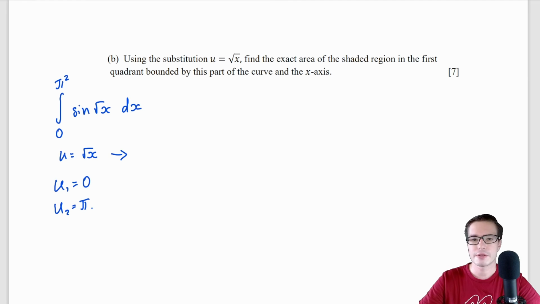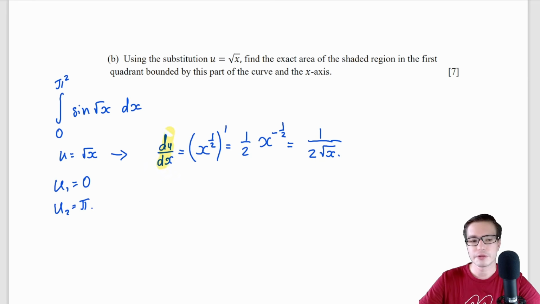For the next step, let's replace dx with du. And for that, we'll have to differentiate our formula for the substitution. du over dx. And I'm going to write the square root as the power. And now I use the power rule for differentiation. Put the power in front and then subtract 1 from the power. And I can write it as 1 over 2 square root of x.